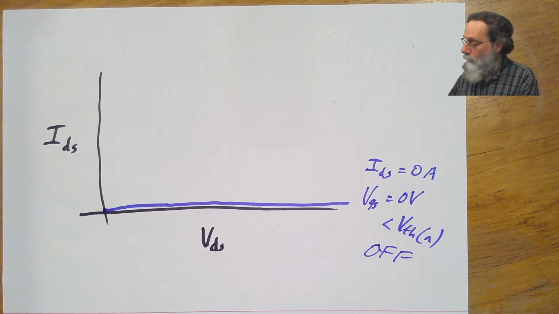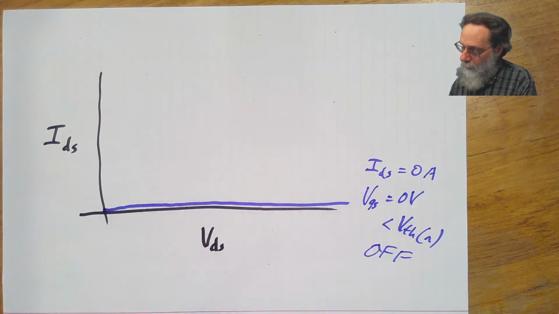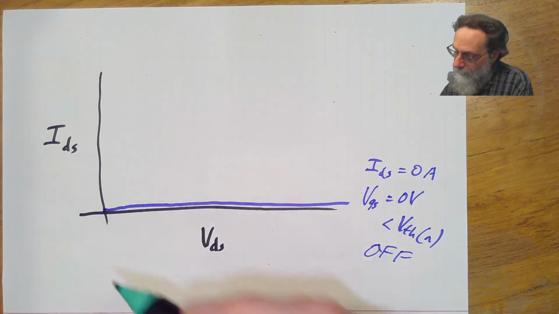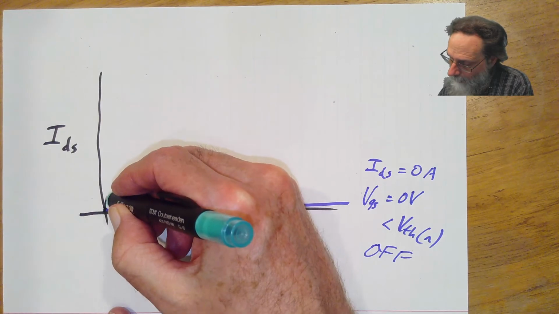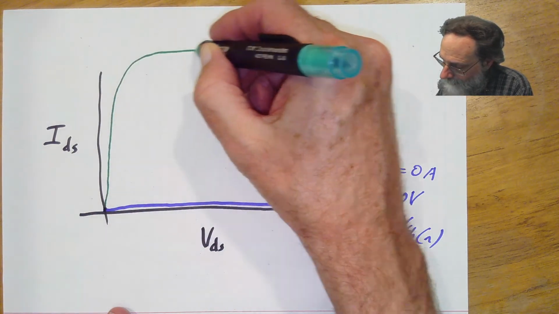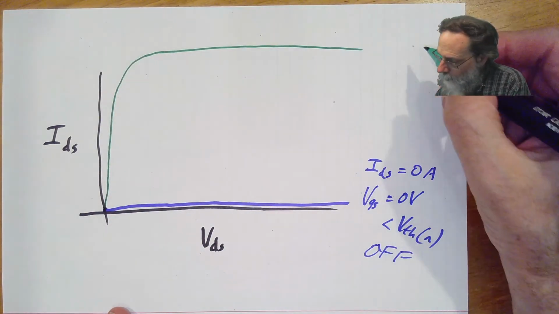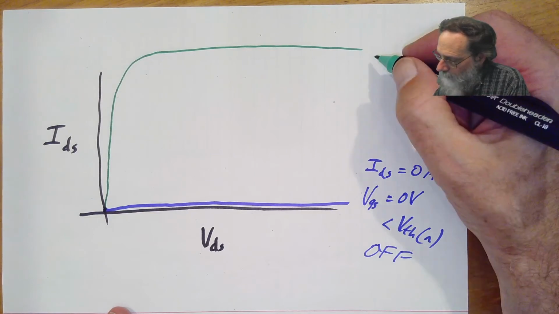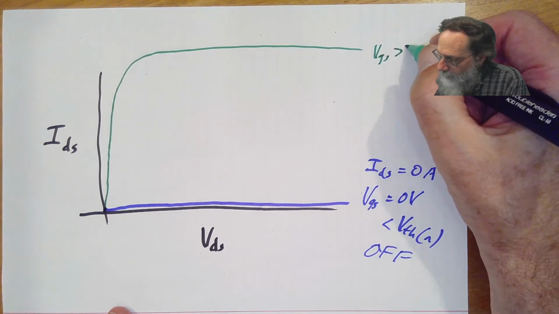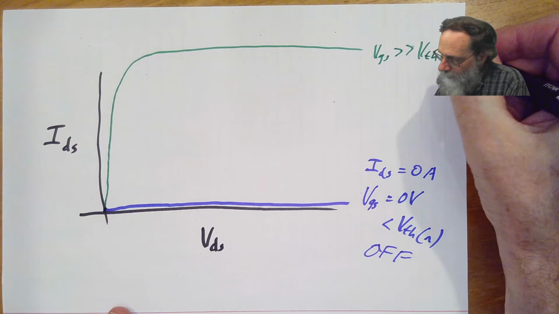The other one has a characteristic that looks something like this, where VGS is a lot bigger than the threshold.